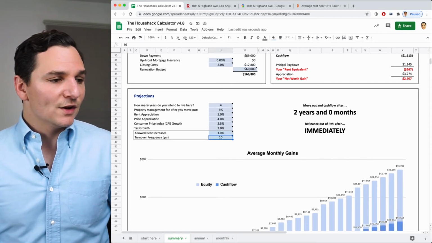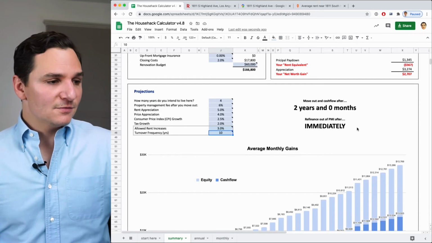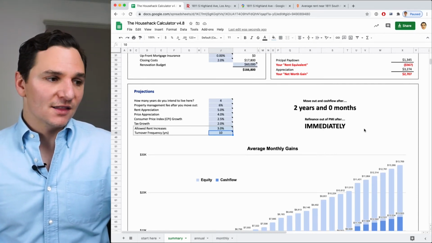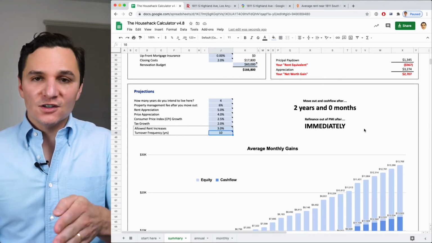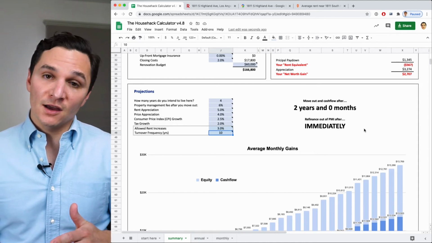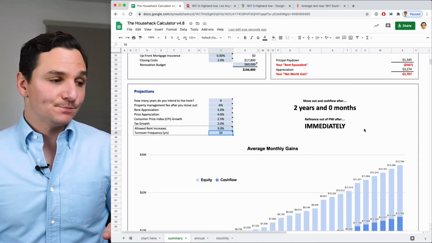And then secondly, refinance out of PMI after, and in this case, the answer is immediately. Now this module will show up if you put down less than 20%. The calculator will tell you when you've reached 20% equity in the property, and that's the point at which you can either remove PMI on a conventional loan or refinance out of PMI on an FHA loan.